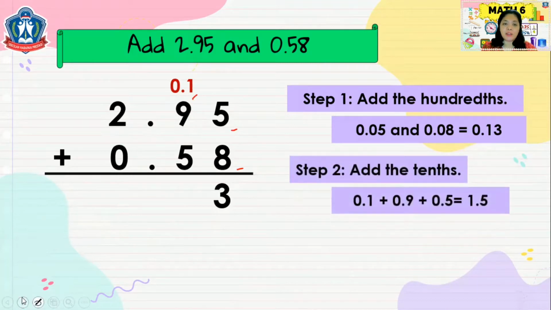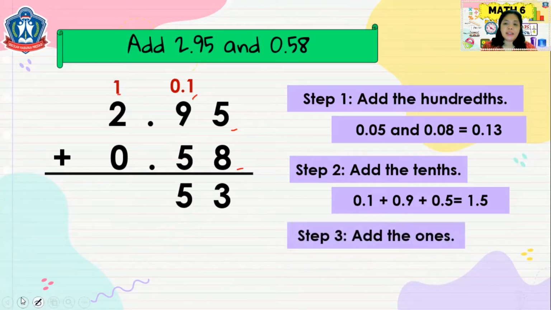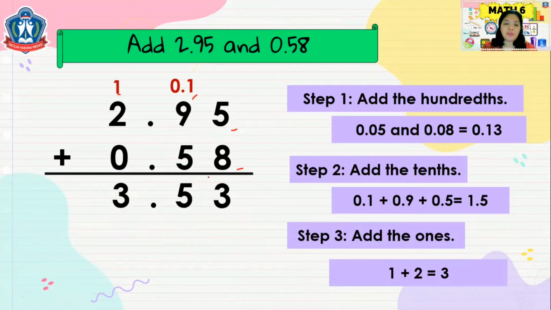So that is 0.1 plus 0.9 and 0.5. So that is equal to 1.5. The number 1 is already a whole number, and that is in the ones place. So we will add the ones, and that is 1 plus 2, that is 3. So the answer is 3.53. So children, don't forget to put your decimal point.